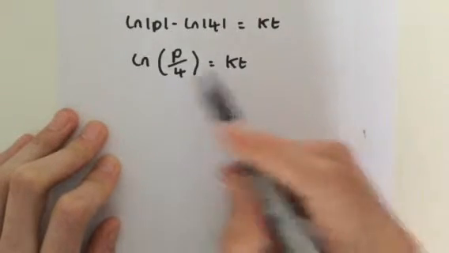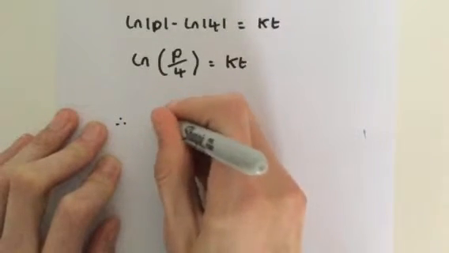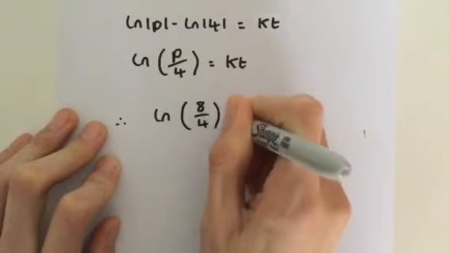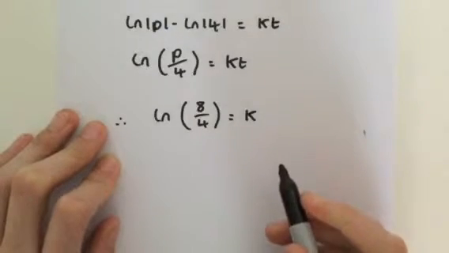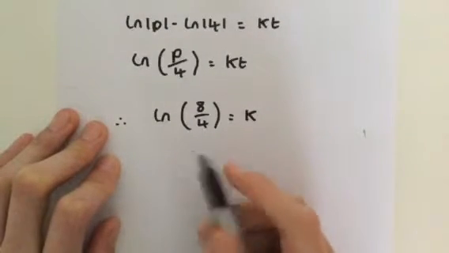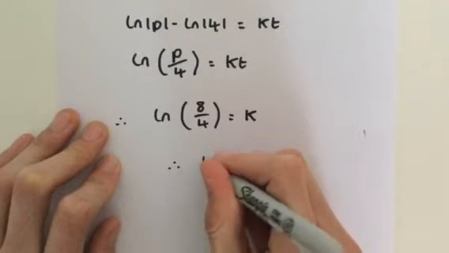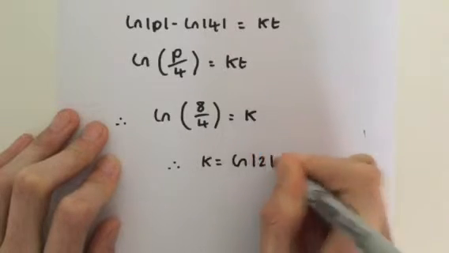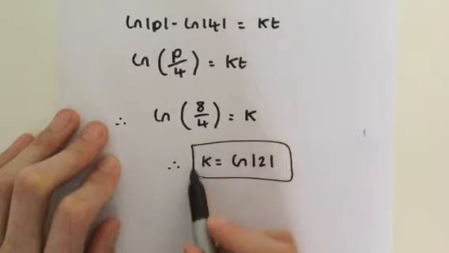So when P is 8, t is 1, we get the natural log of 8 over 4 is equal to k, because t is 1. Therefore, it should be easy to see that k is equal to the natural log of 2. 8 divided by 4 is 2. k is the natural log of 2.